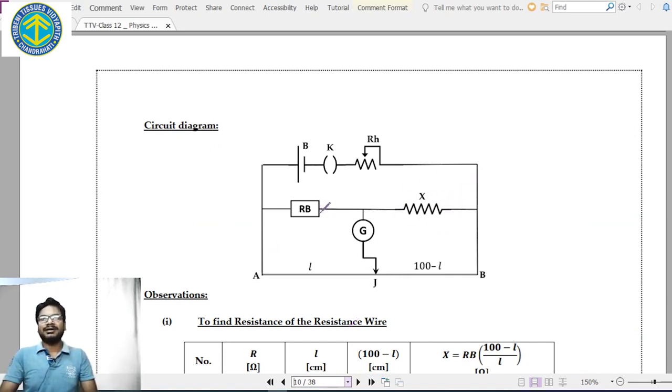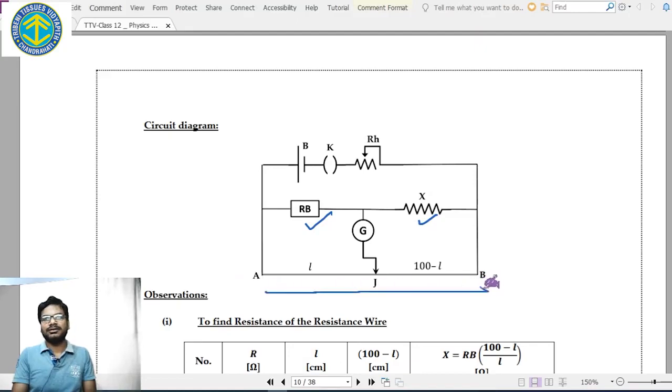We will have an unknown resistance X, which is basically a typical wire, and a known resistance RB, which is a resistance box, and a bridge called a meter bridge, a 1 meter long bridge. Bridge basically means a wire.